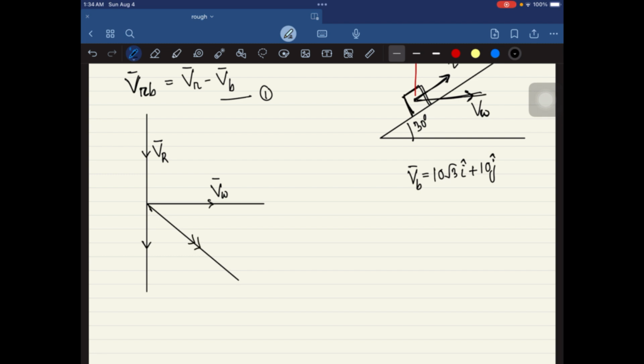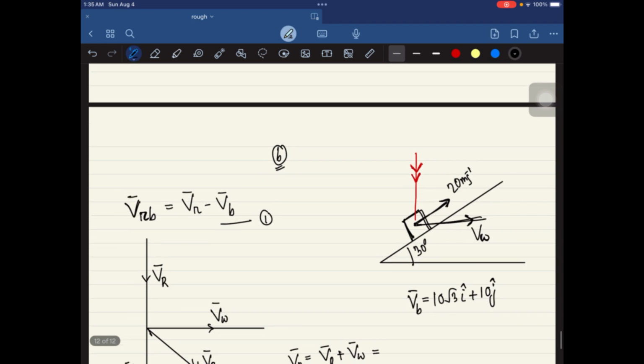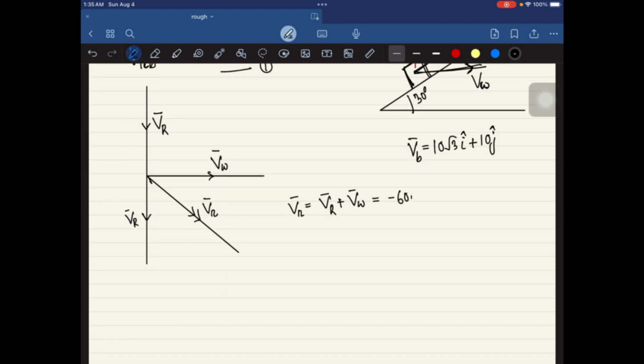What is V small r? V small r is the resultant of V rain and V wind. V rain should be minus 6j, and V wind should be VW i.